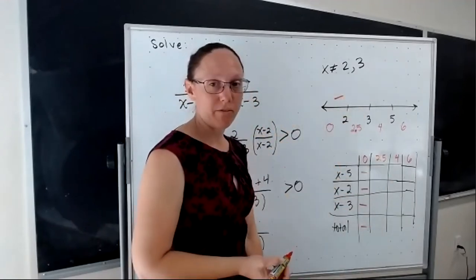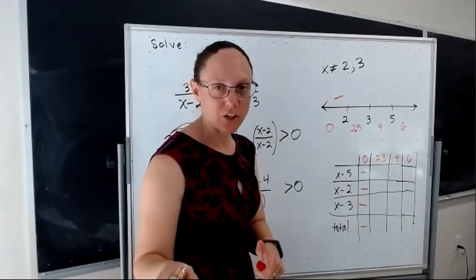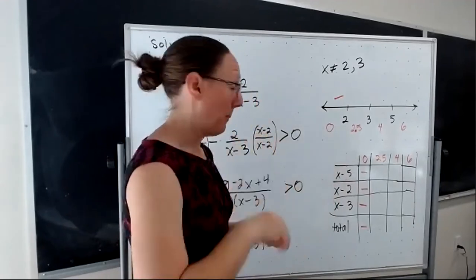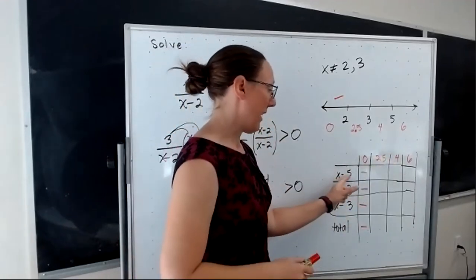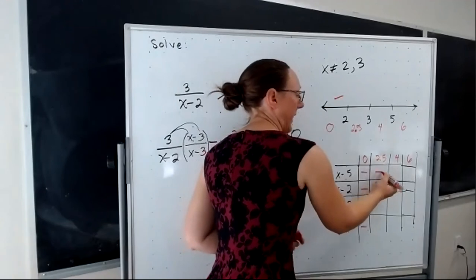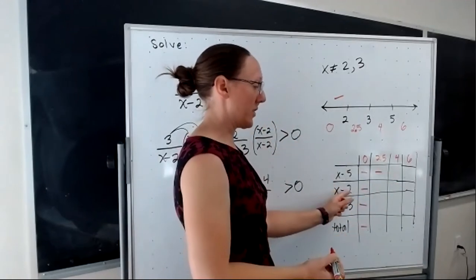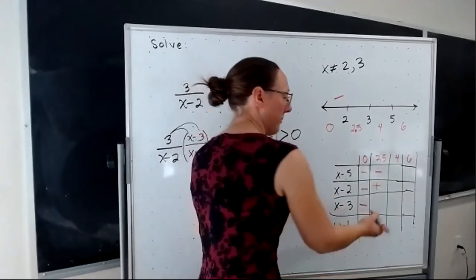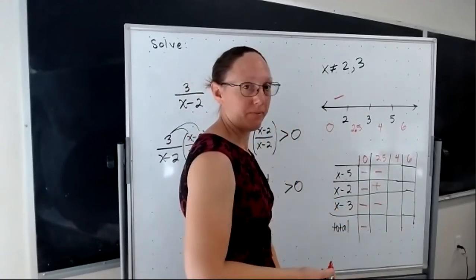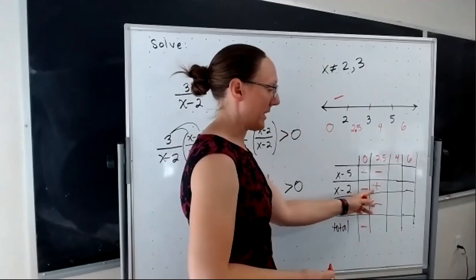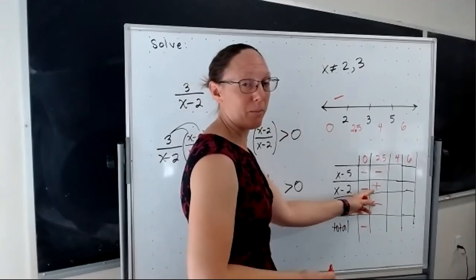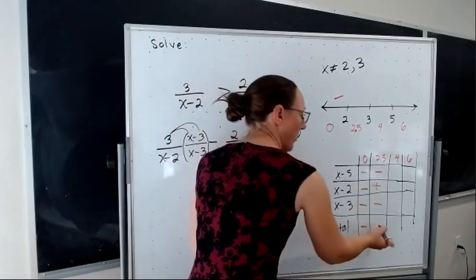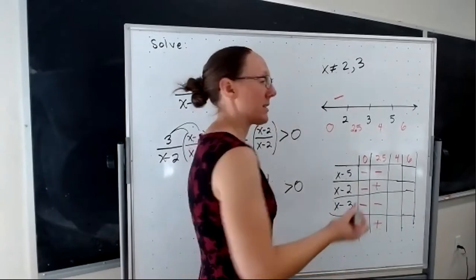When I plug in 2.5, or if you prefer fractions, you can use fractions. You can call that 5 halves. But if I plug in 2.5, 2.5 minus 5, negative. 2.5 minus 2, positive. 2.5 minus 3, negative. I've got a positive times a negative, which should give me a negative in my denominator and a negative in my numerator. So overall, that's going to be a plus.